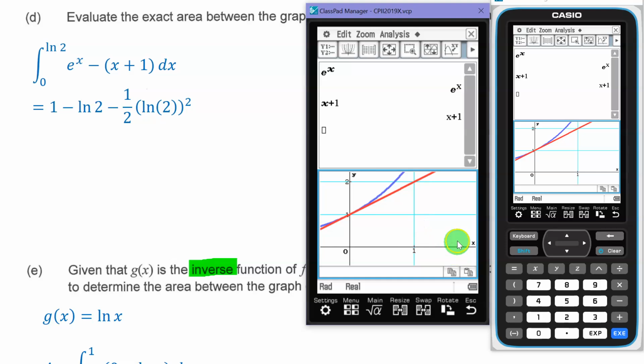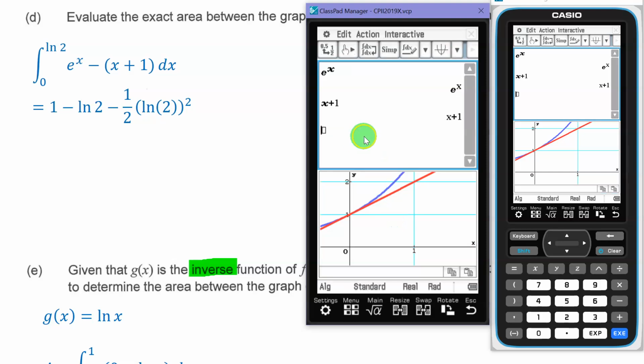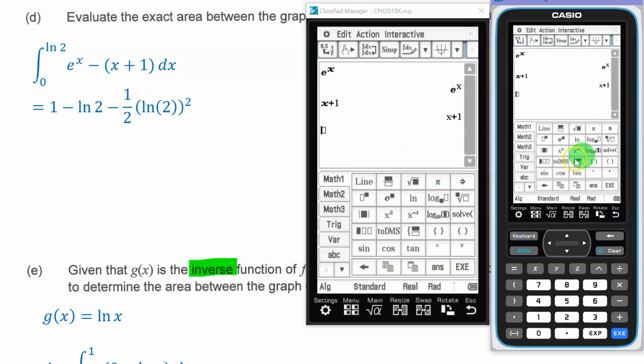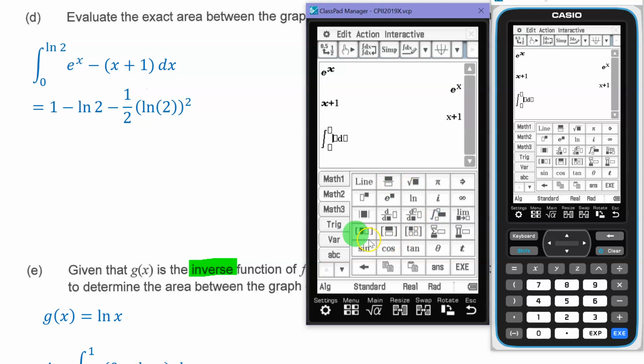I'll do a box zoom in on the bits of the graph that we're interested in. Looks like about there. So we need the area between them, so we're going to need the integral of the top function e^x minus the lower function x + 1 between 0 and log 2. We're asked for it exactly, so we're going to have to do it upstairs. We'll get the keyboard out, go down to Math 2 and choose the integral template.